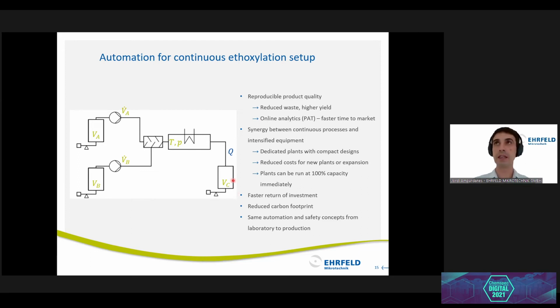All these things can be done by means of automation, and they can be really easily implemented in order to have a very easy to handle setup, which in turn would allow running plenty of experiments with minimum effort, because everything could be automatically controlled, and it would only be a matter of defining reaction parameters.